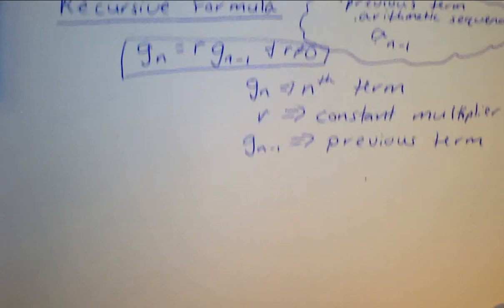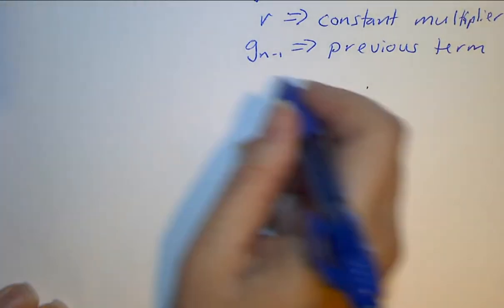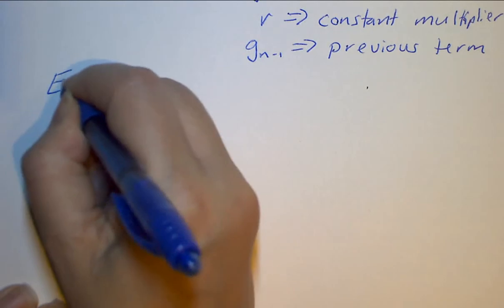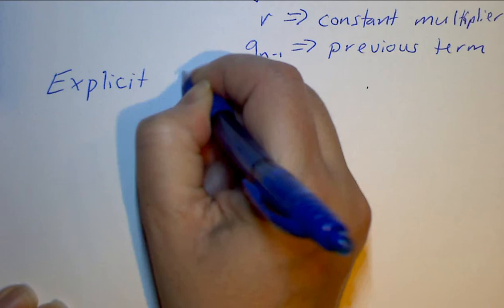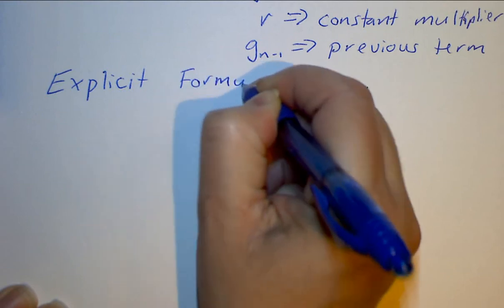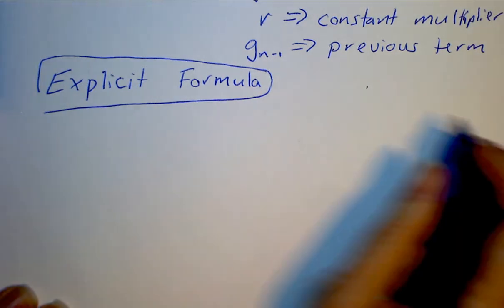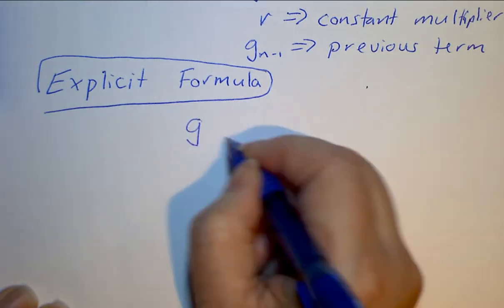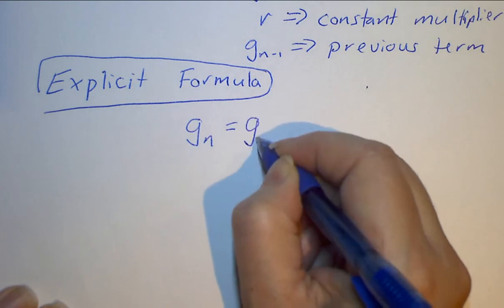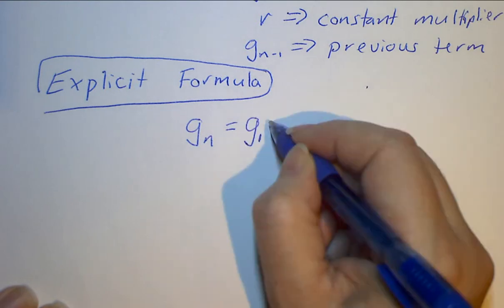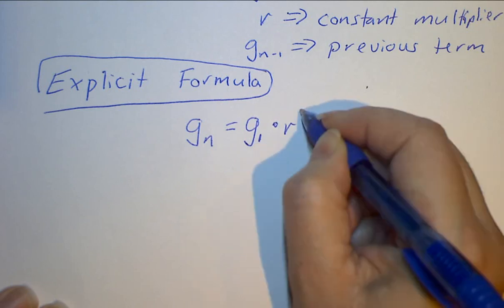Alright, so your explicit formula is g sub n is equal to g1 times your r raised to the n minus 1.